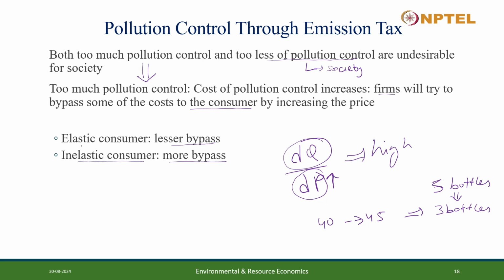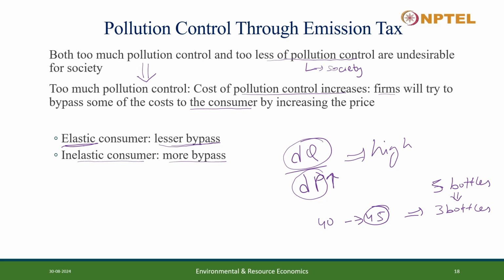So this is called elasticity, change in price versus change in quantity. More elastic means that if the Coke company increases the price, I'll choose to go towards other products. So the company cannot give much price signal because of the cost they have to incur for pollution control. So there will be lesser bypass of cost towards the consumer.